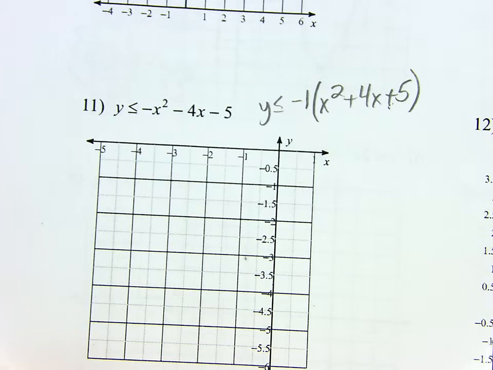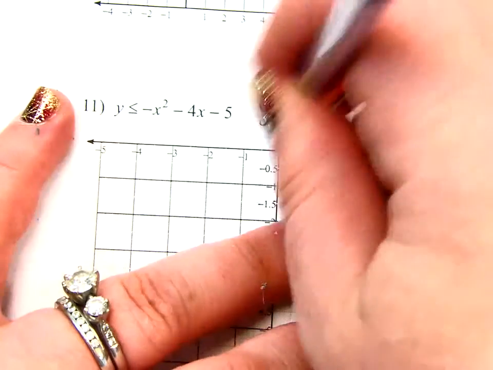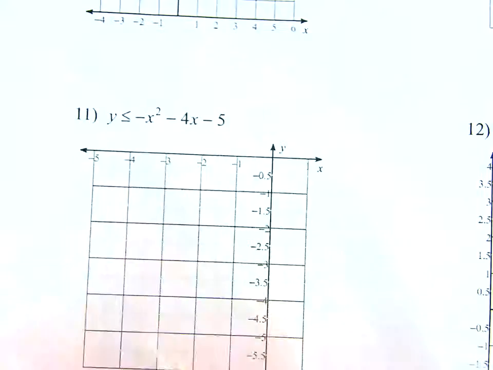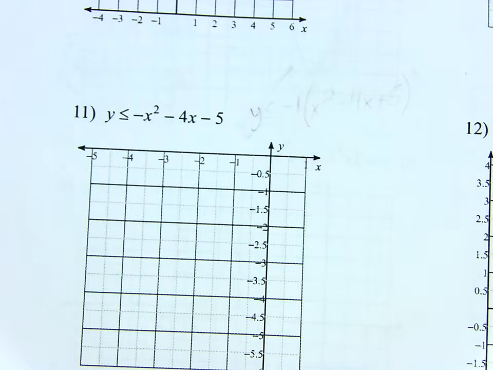Yeah, you're going to have to, because you can't turn it into intercept form. And I don't think 12 you can either, because there wouldn't be factors of 6 that add up to be negative 6. Yeah. So it looks like 10 was the only one out of that group that could be factored.